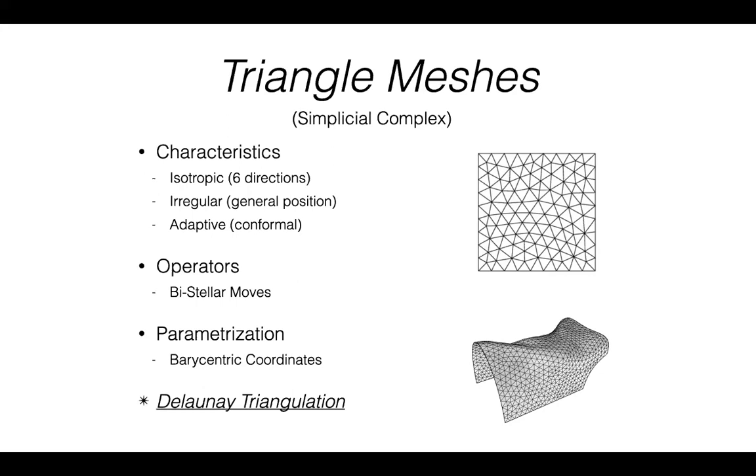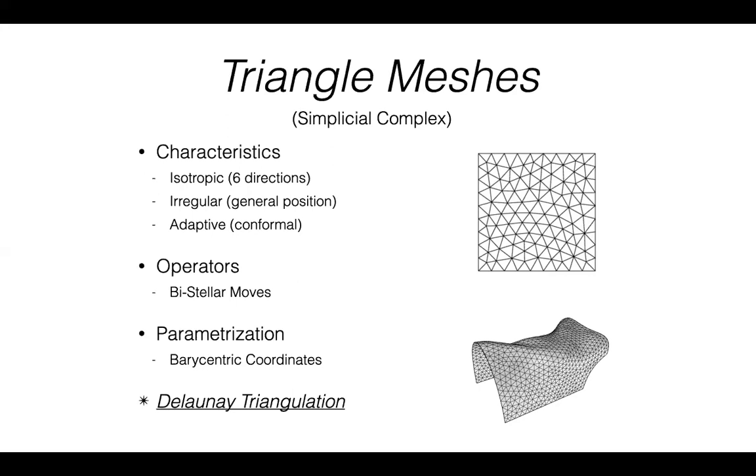And also, it's irregular in the sense that the vertices are distributed in an irregular general position and don't follow any specific pattern. And in that sense, they are adapted because they can conform to the shape. And the operators that you use for triangle meshes are what they call bistellar moves, that belong to topological combinatorics.